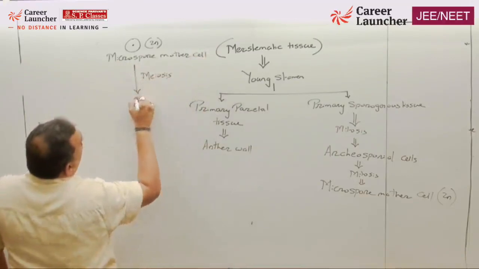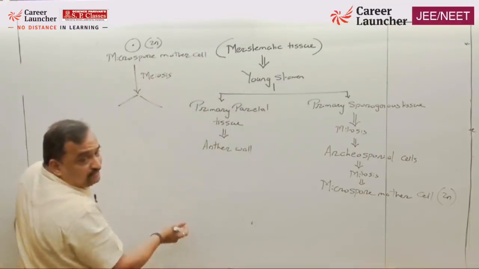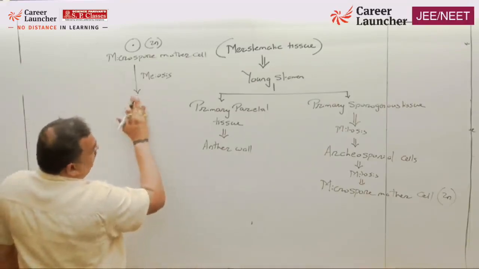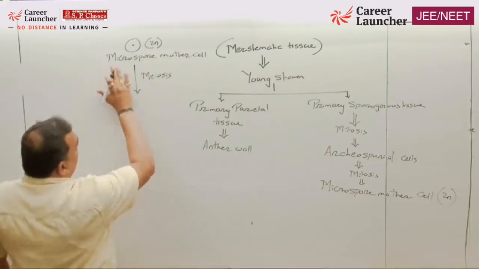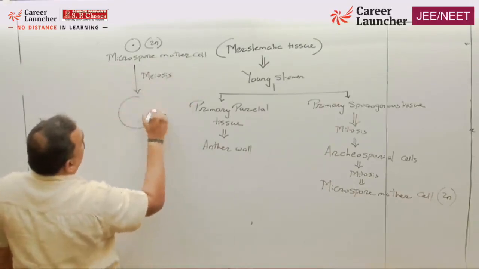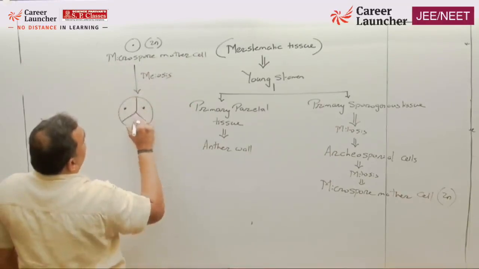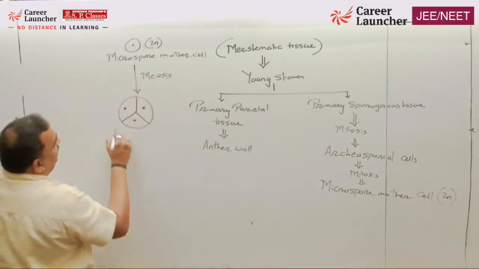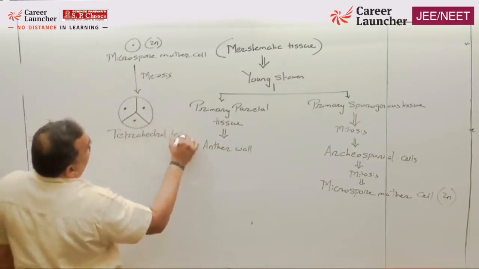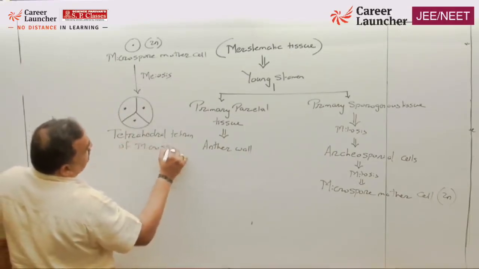You know, I have taught you meiosis. There will be first division and then division once again, and will eventually form 4 haploid microspores. When the microspore mother cell undergoes meiosis, it produces 4 pollen grains forming a tetrahedral tetrad of microspores or pollen grains.